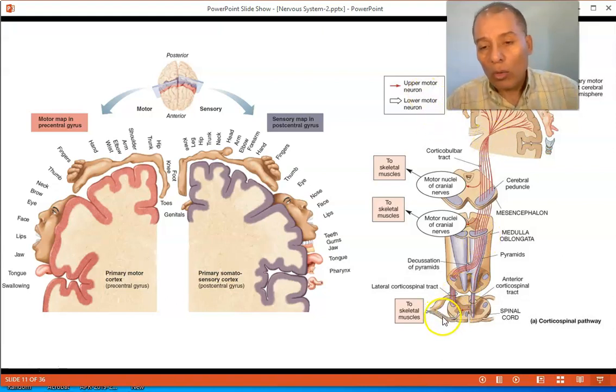And the ones that branch out from these, we call the lower motor neurons, that go down from the spinal cord and connect with the legs and different parts of the body.